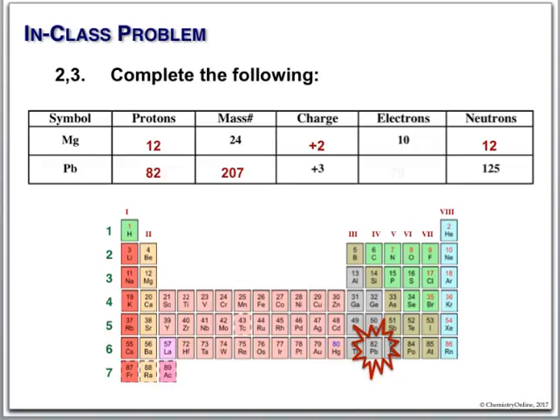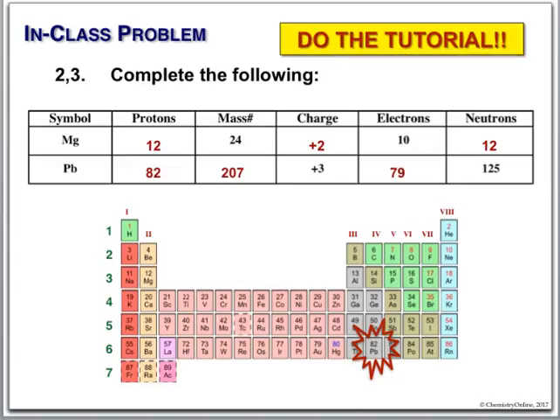So that will be 79. Now, I hope that you recognize this from the tutorial. Please, if you have any questions at all about this, do the tutorials. Any questions?